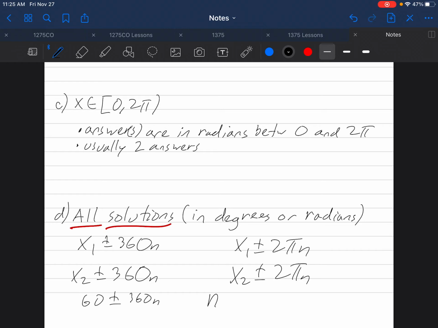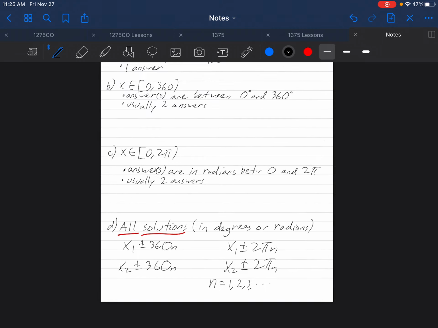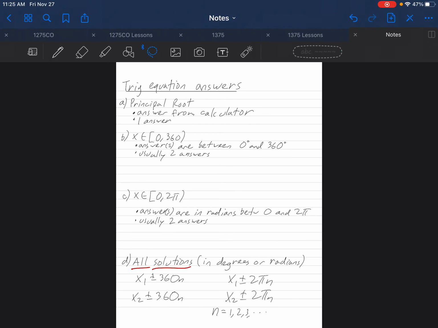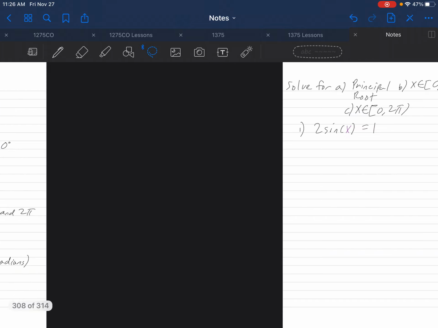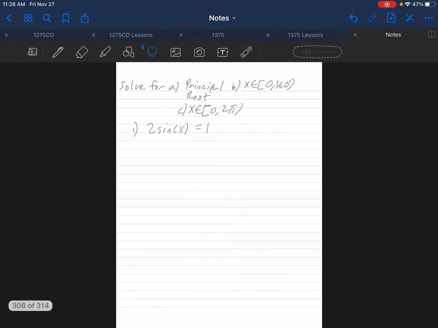All of this is under the declaration that n is a positive whole number: n equals 1, 2, 3, and so on. In this class, we will focus on getting our answers in radians between 0 and 2 pi. Also, the principal root is something that some questions will ask for.